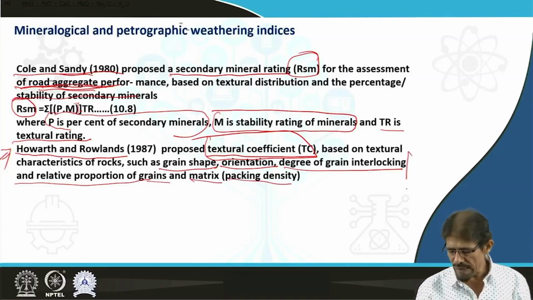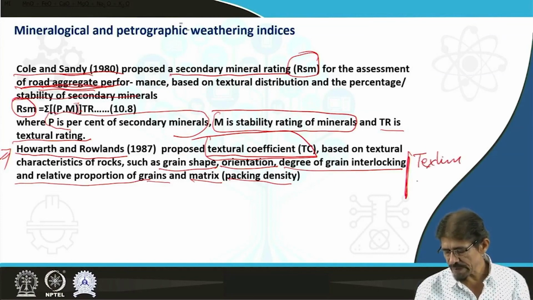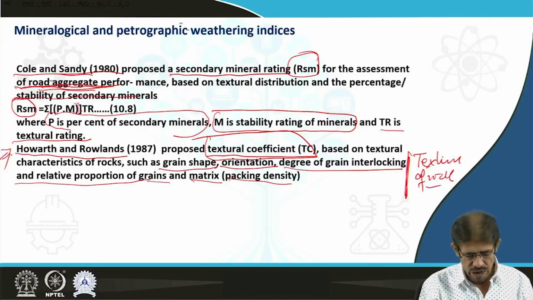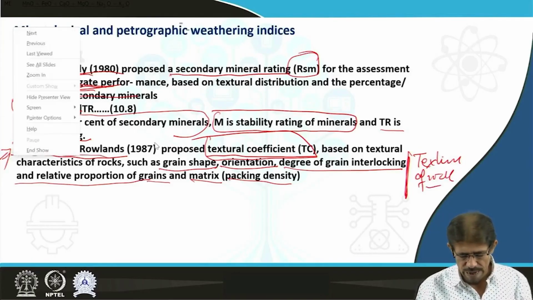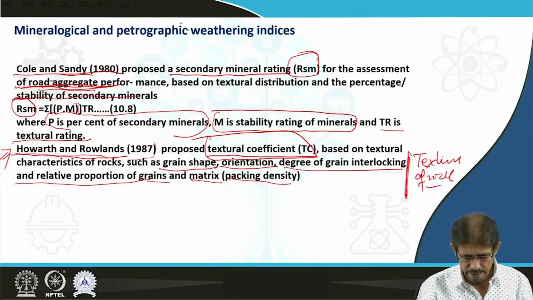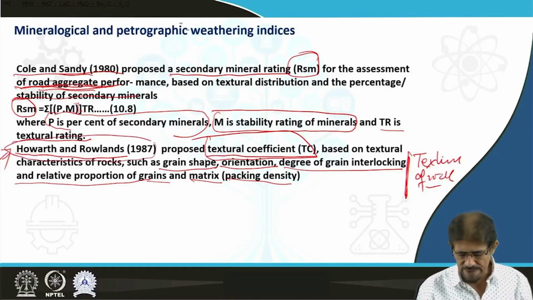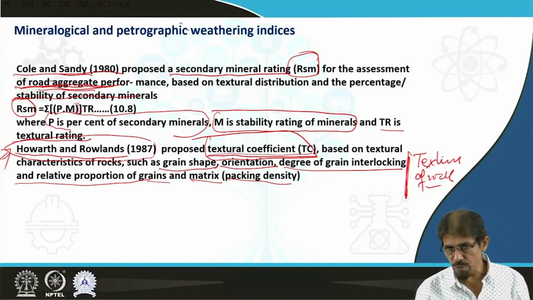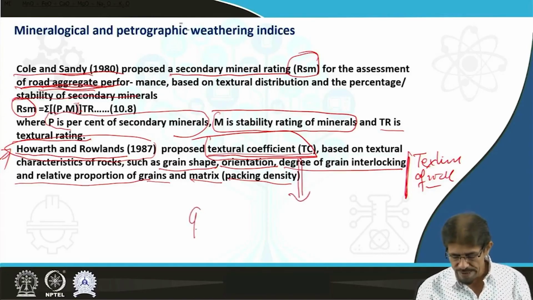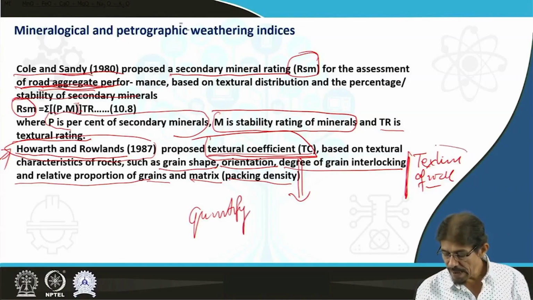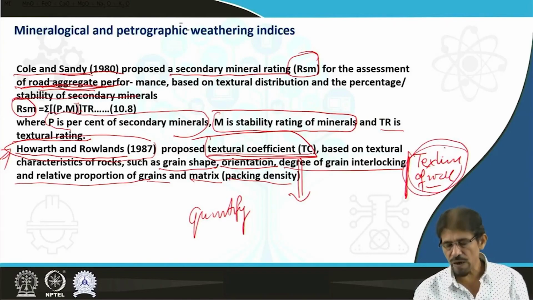So overall, these parameters belong to the texture of rocks, and Howarth and Rowlands in 1987 proposed the textural coefficient to quantify the texture of rock.